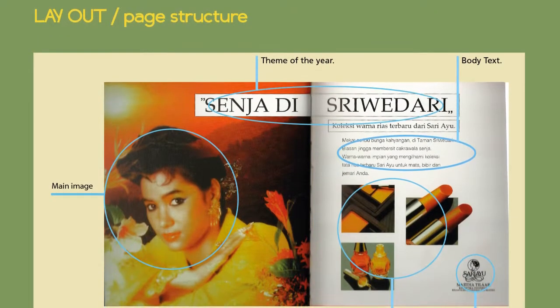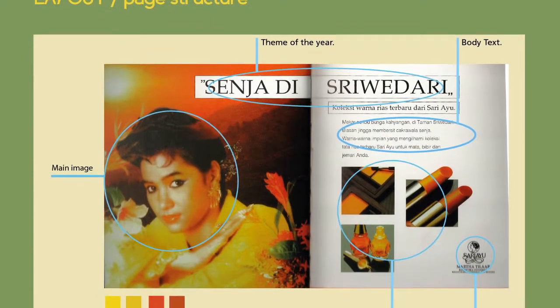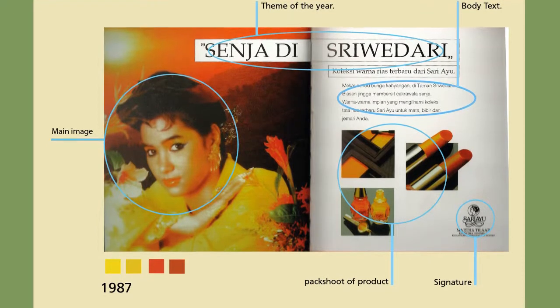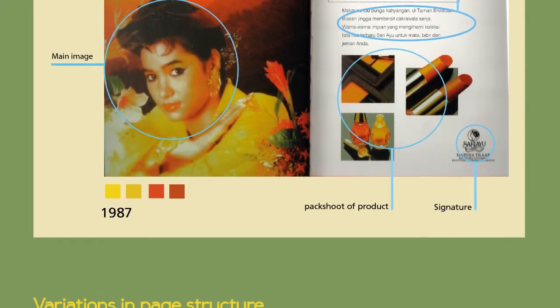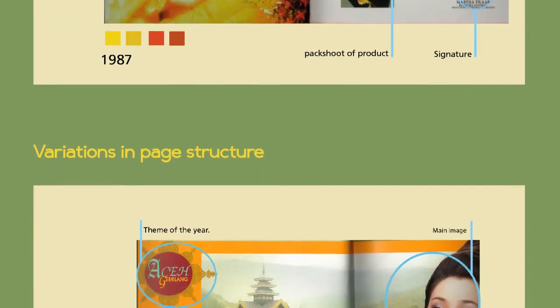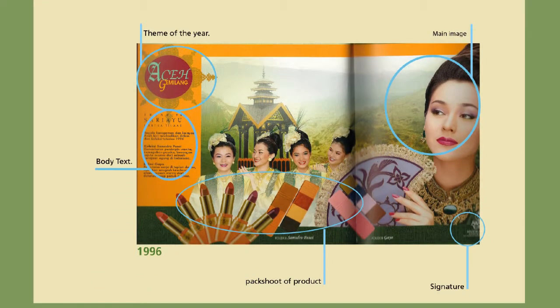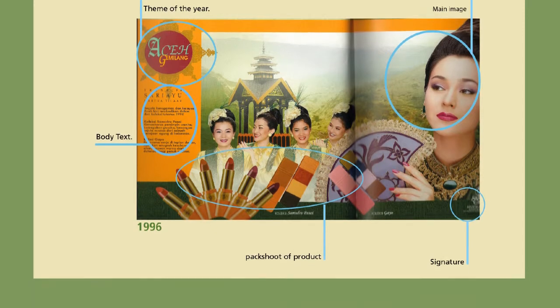Put the main image on the recto page and the headline and the theme on the verso page. In the years 1977, 2001, 2006, 2007, 2010, and 2013, they changed the placement and put the main image on the recto page and the headline and theme on the verso page.